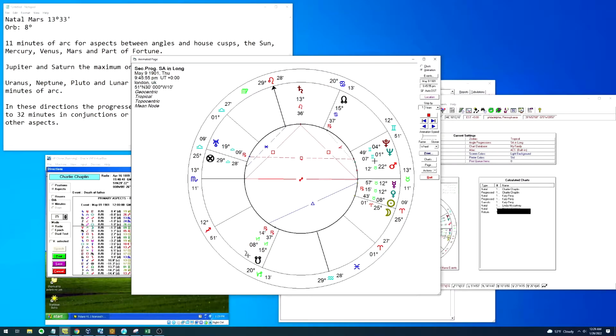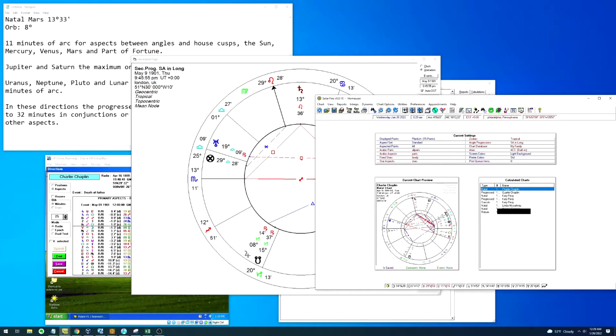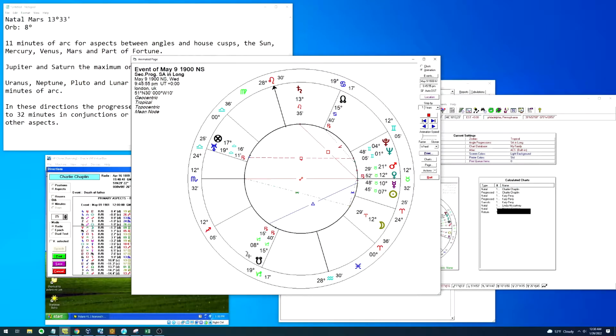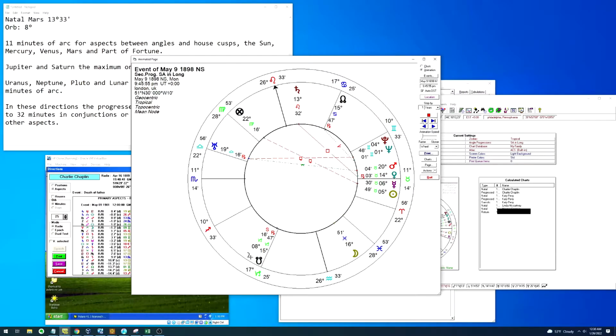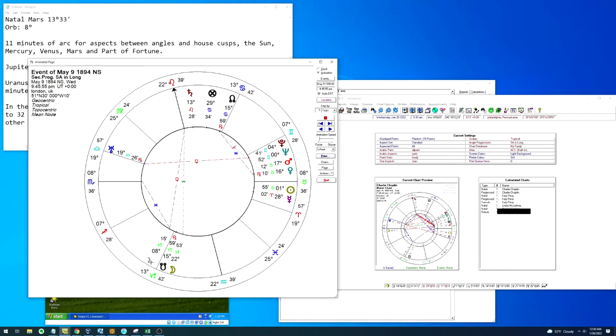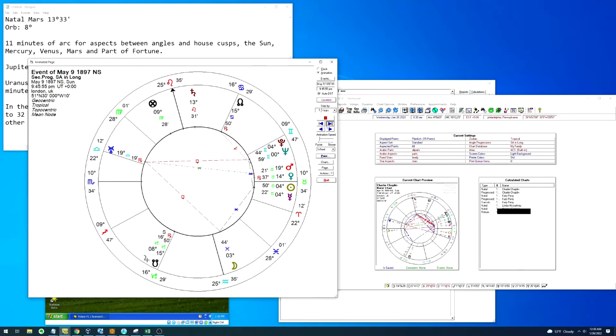So look, it's in orb with his natal Mars, with a square with his natal Mars. Let's move backward 1 year, still in orb. 2 years, it's still in orb. Still in orb. We can move. We have plus minus 8 degrees from the exact aspect, which is basically about 10 years.